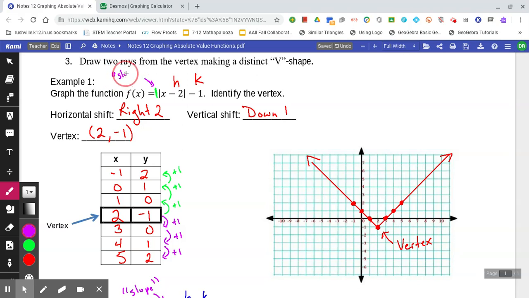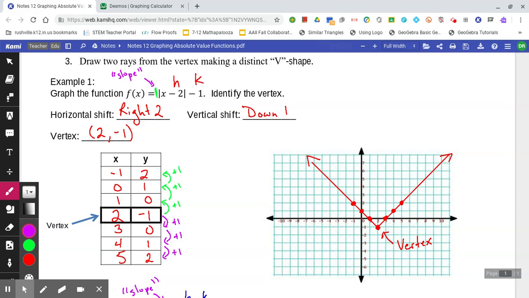And again, I don't want to call this slope exactly, but we could use it that way if we started at our vertex, to where if you identify the vertex at (2, -1), then all we have to do from there is use that, what we'll call slope, and go up 1 over 1 in either direction to create this V shape. And then we'll just continue the trend, up 1 over 1, up 1 over 1. Same in the other direction, up 1 over 1.